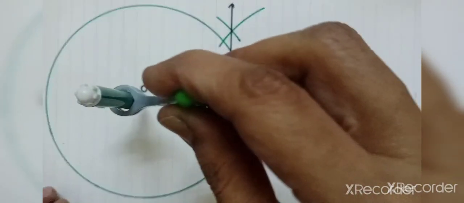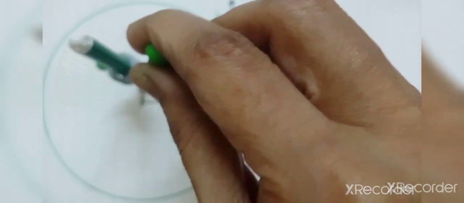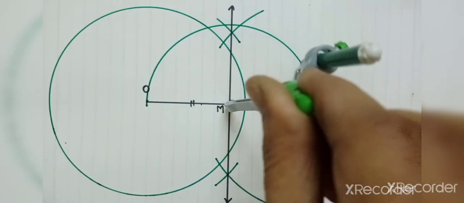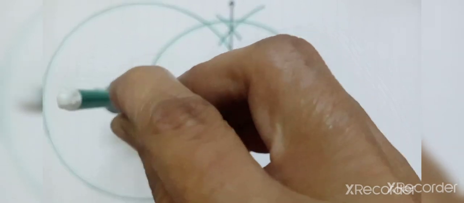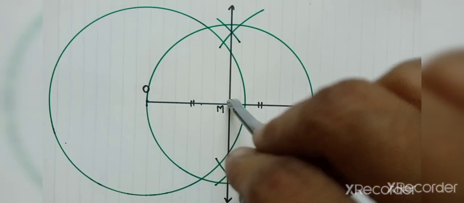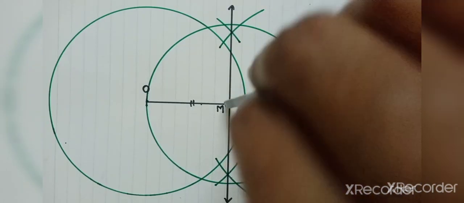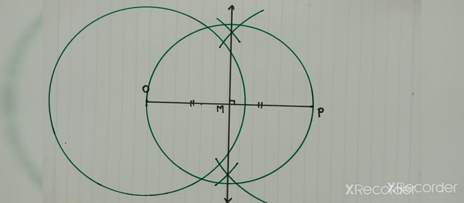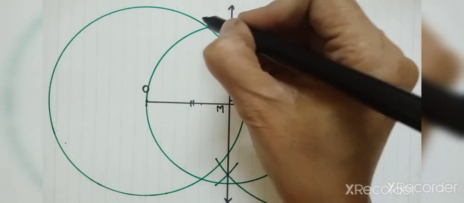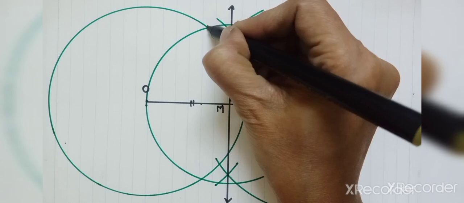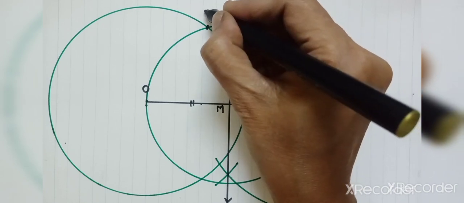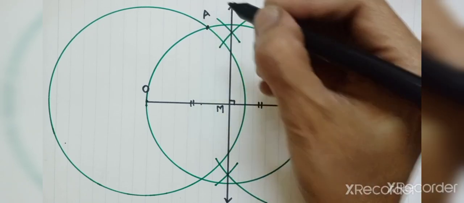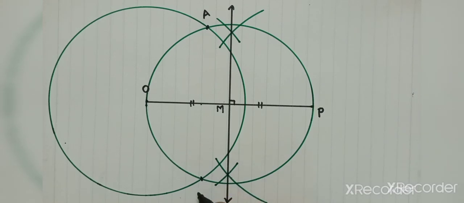So with this radius you draw a circle again. Okay, and it will intersect the previous one in two distinct points. Let us name them. So this is that point where the circle intersects the previous one. Give this as point A and this point as point B.